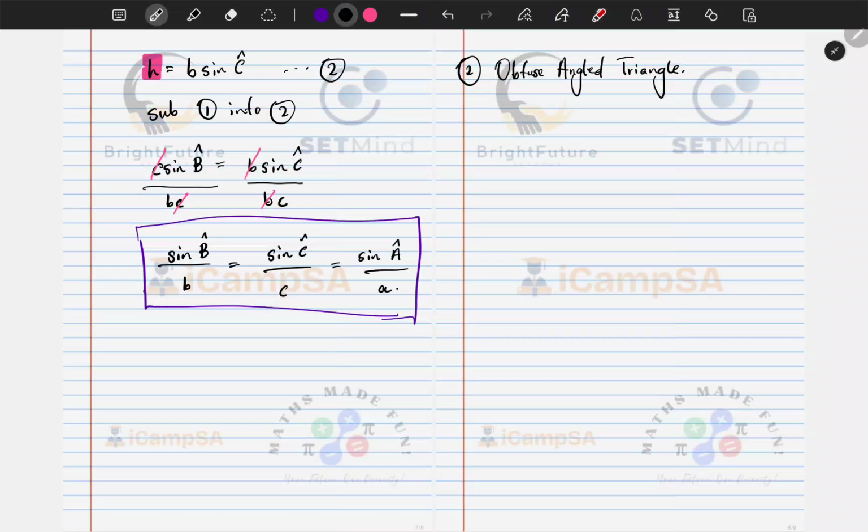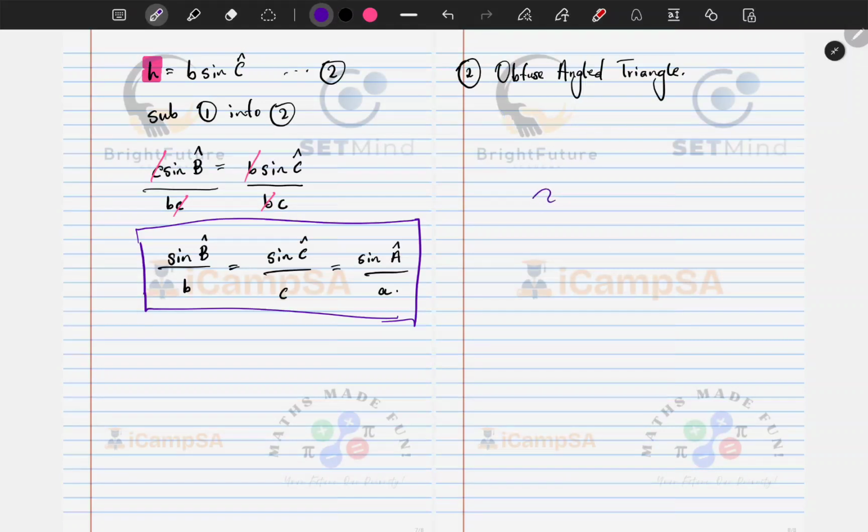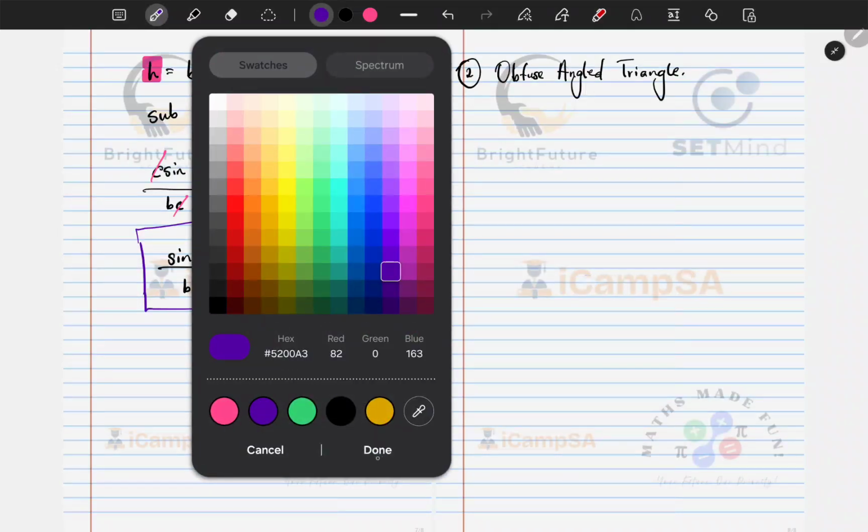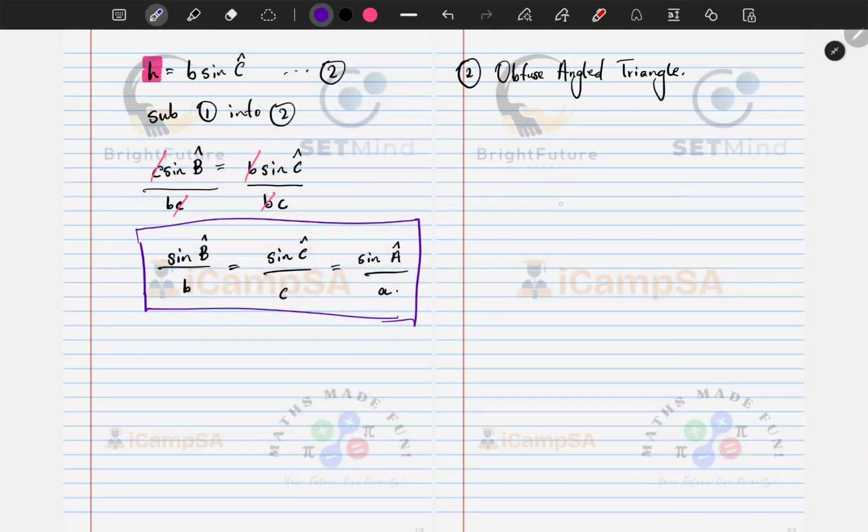So now let's draw the triangle. This is usually how the triangle will look. Great.